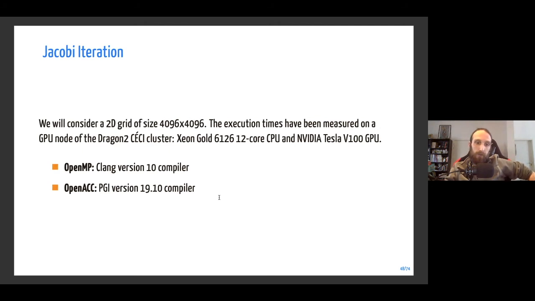For this example, we will be using the Clang compiler version 10, as well as OpenACC with PGI, version 19.10. Okay, this is the basic setup of what we will do.